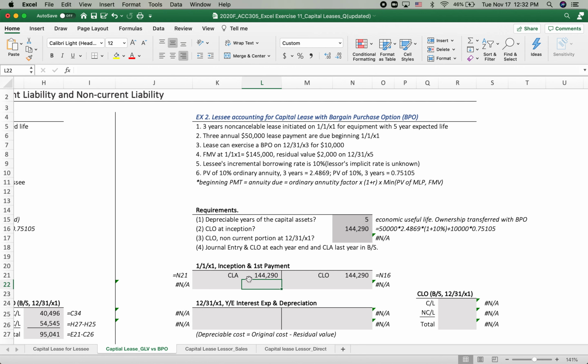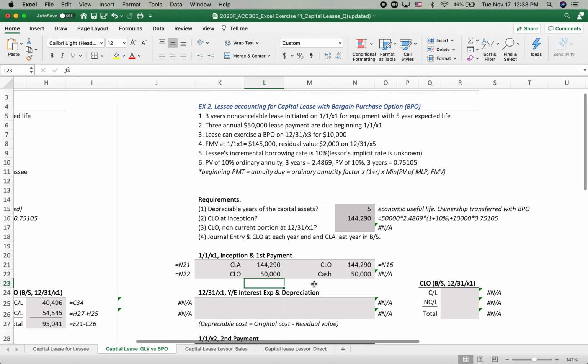The first payment occurs at inception. So how much cash goes out? Right, the $50,000. By this amount, we should reduce the principal for the first payment of $50,000.